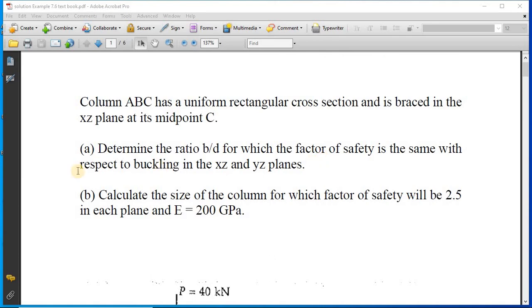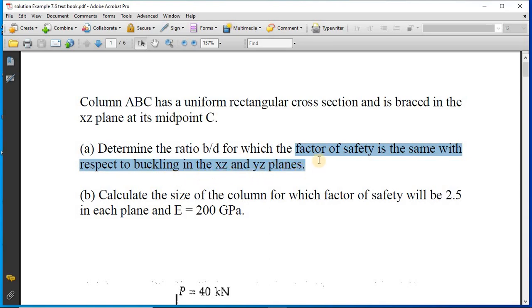In this part A, they have given a hint that you need to use in order to have one equation. The hint is in this sentence: the factor of safety is the same with respect to buckling in the XZ and the YZ planes.